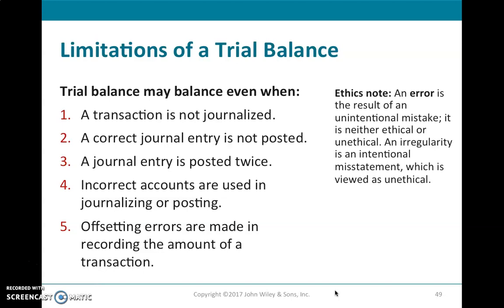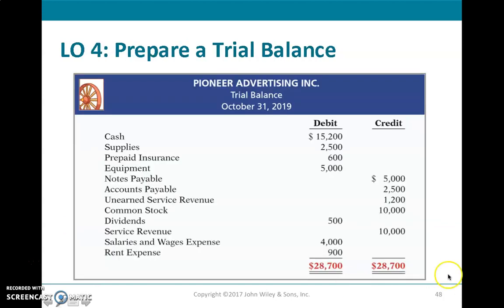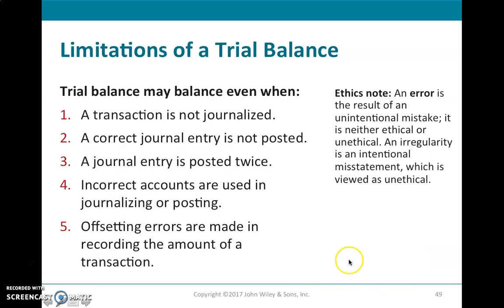Of course, a trial balance has limitations, meaning that even if it is in balance, meaning the total debit column equals the total credit column, there might still be some errors that we cannot catch. We might catch them later on in the accounting cycle. And the errors that we cannot catch are listed here.